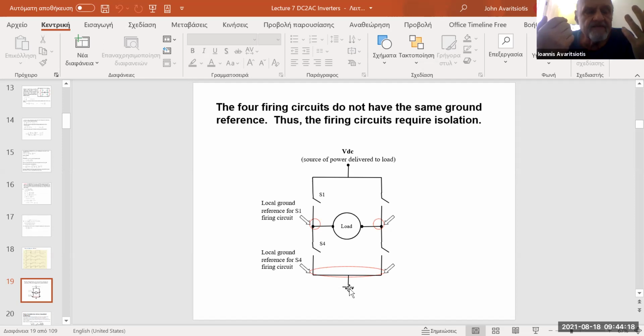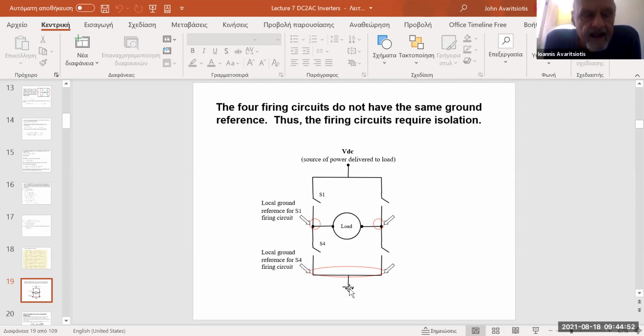So the pulse must have a height in respect to the ground of at least 50.7 volts or 51 volts, which practically is impossible because the voltage also at this node may become 100 depending on the voltages which we are using, or it may be 300.